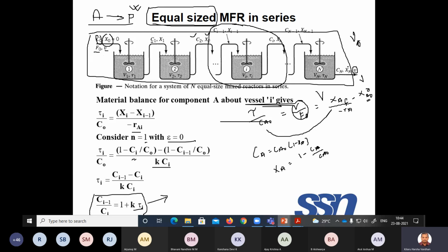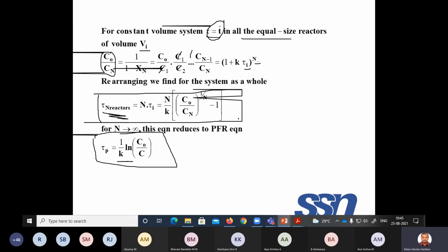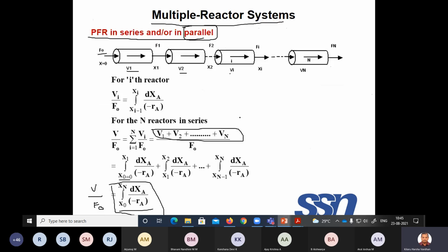Some 4 reactors or 5 reactors. Then you can replace this particular thing by one PFR having a volume of 250 liters, the sum of these. It's a very important thing. So we got 2 reactors now.